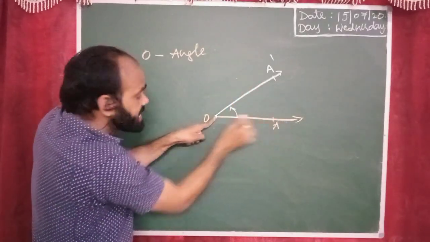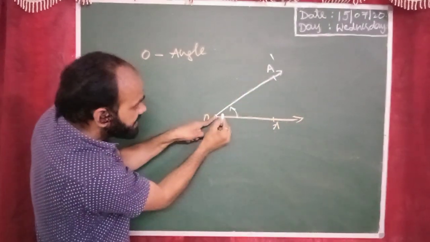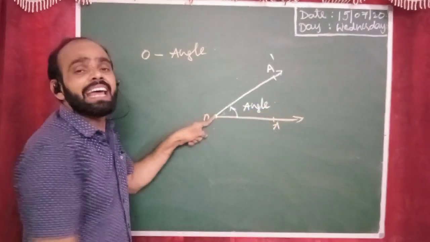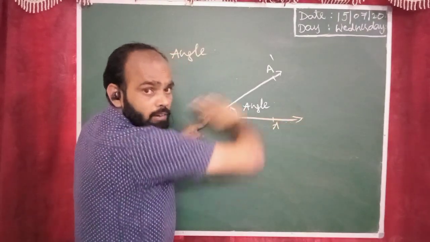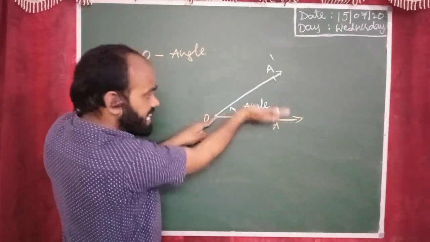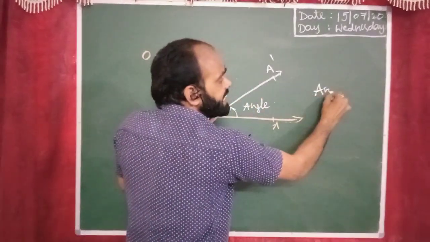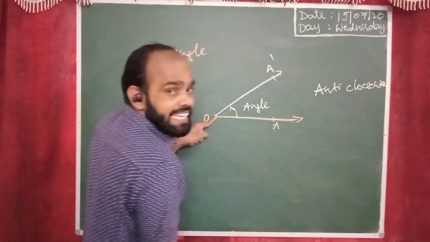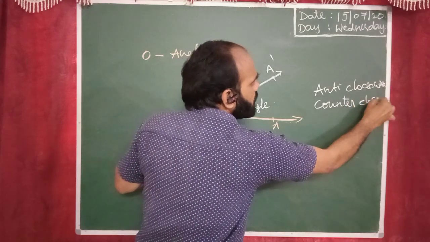If a ray is rotated about a fixed point for some time, then the region at this fixed point is what we call an angle. So in this case, we have taken OA, we have not taken another ray. The same OA is rotated. In which direction? You see, this is anti-clockwise direction, or you can call it counterclockwise.